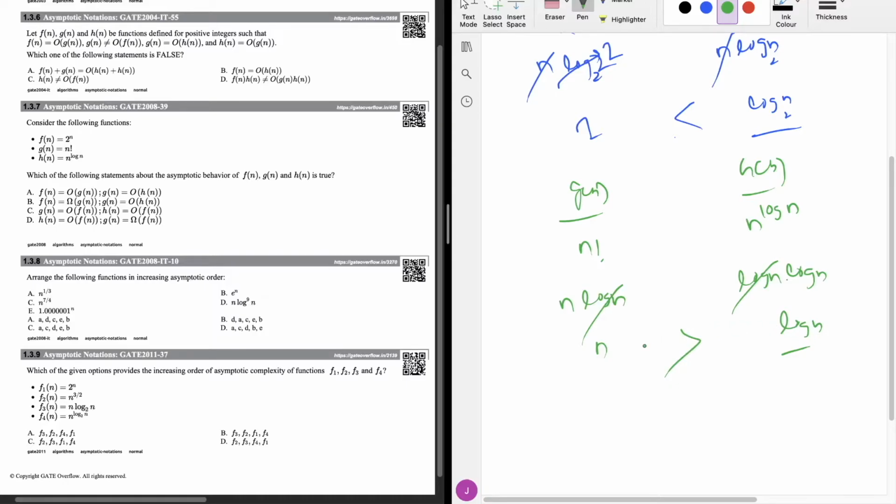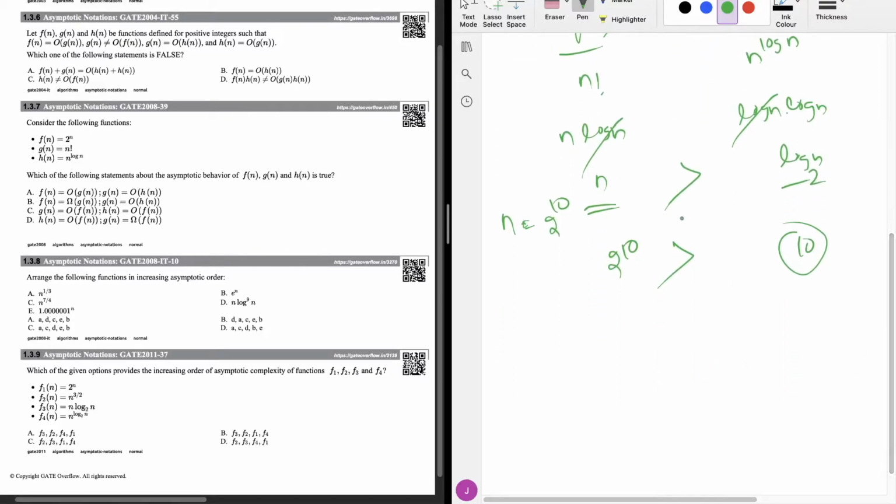If you don't know how it is greater, then you can take one example. Suppose I take the n value as 2 power 10, then in place of n I get 2 power 10, and here I get only 10, because if I take the base as 2, then log 2 power 10 base 2 is 10 only. That means this one is greater.